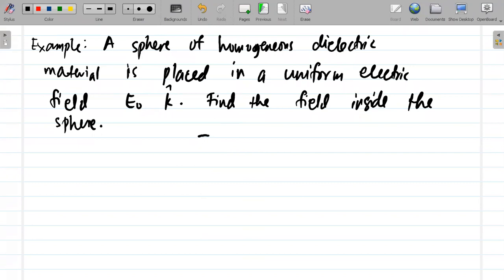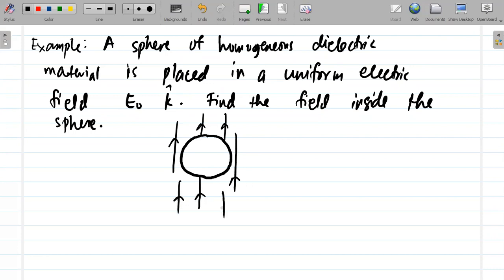Then, meron tayong electric field, uniform electric field outside. So, ayan, expose siya sa electric field na may value na E naught K hat.